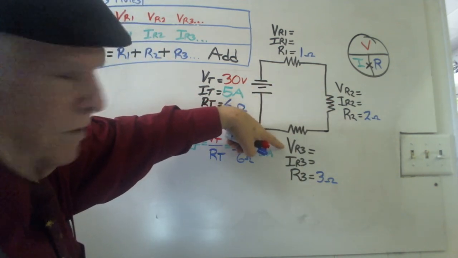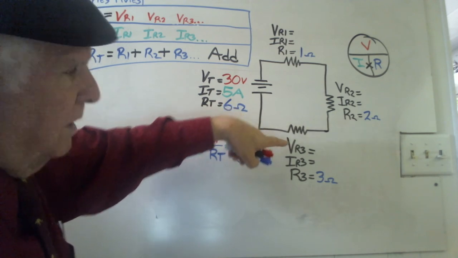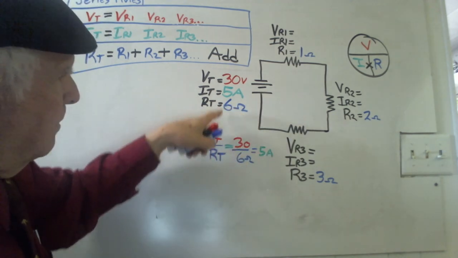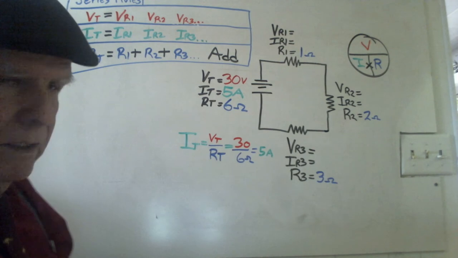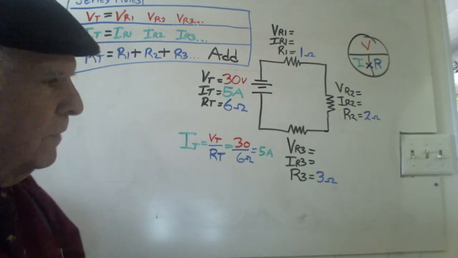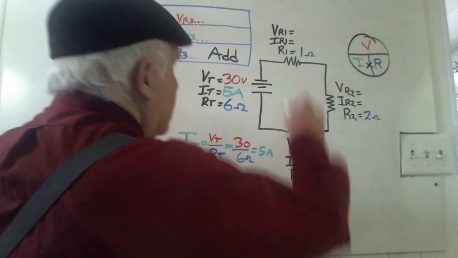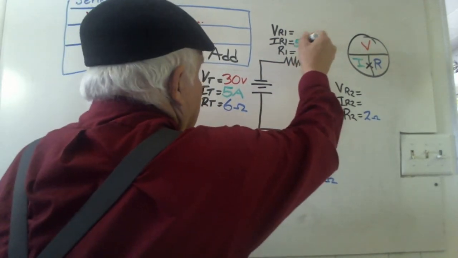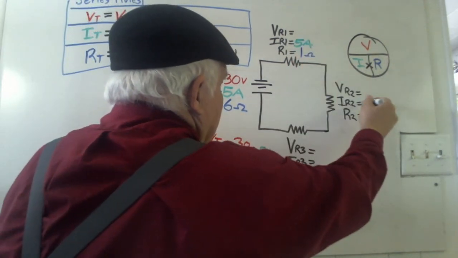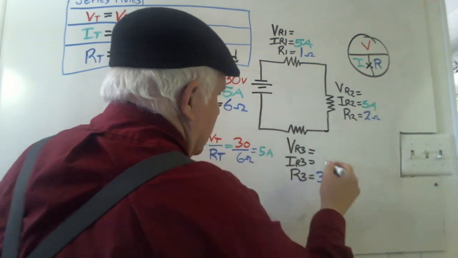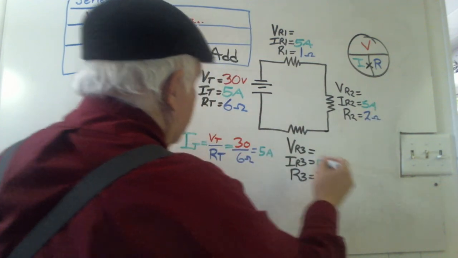How much current is there at that point? 5 amps. And finally, I come back into the battery with the same 5 amps that left. So we know that each one of these is 5 amps. 5 amps here, 5 amps here, and 5 amps here.